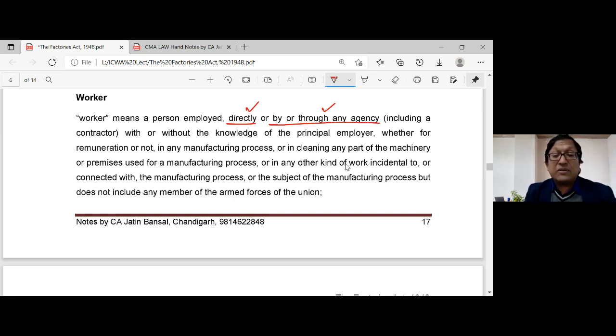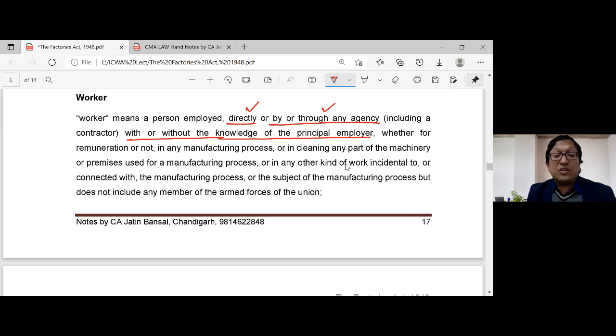So worker means a person that is employed directly or through an agency, with or without the knowledge of the principal employer. The principal employer cannot say that I was not aware that this worker was working in my factory. Law says it doesn't matter.